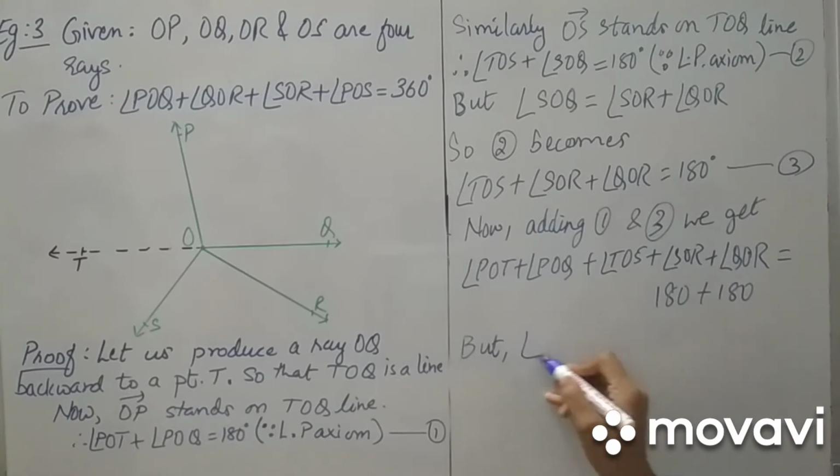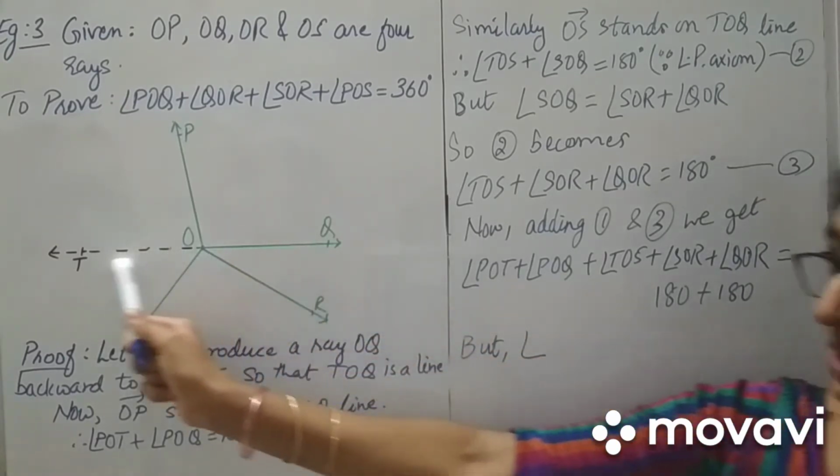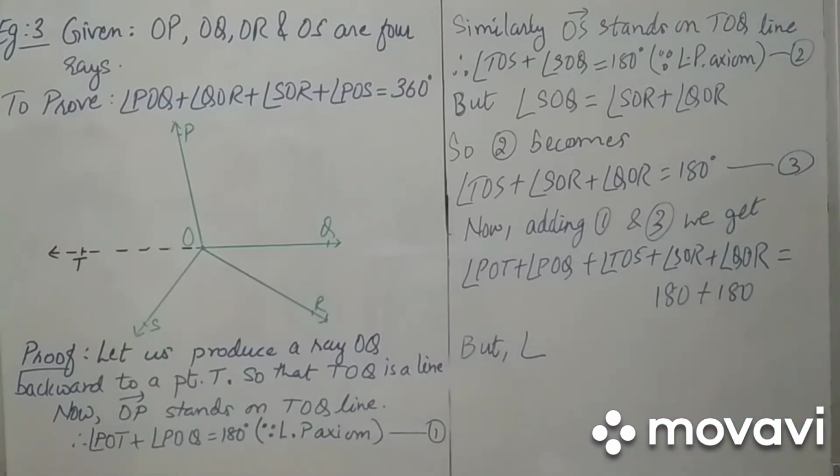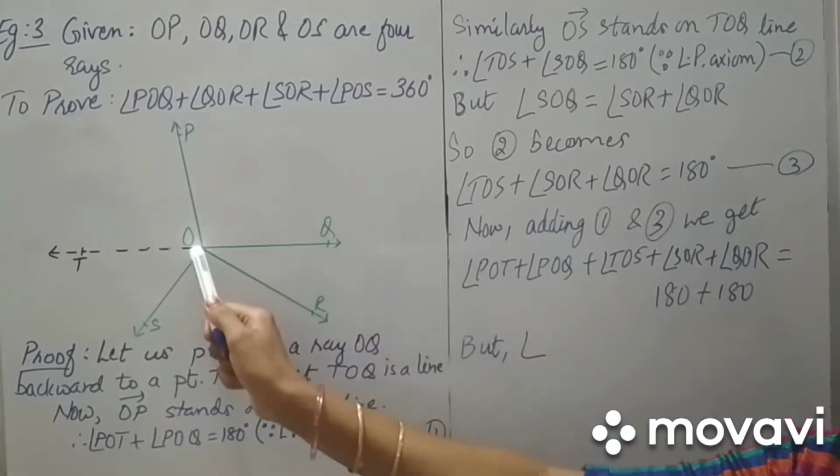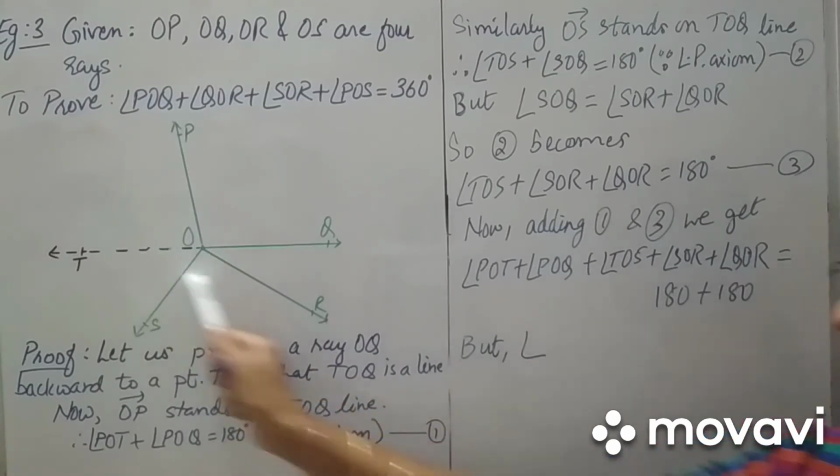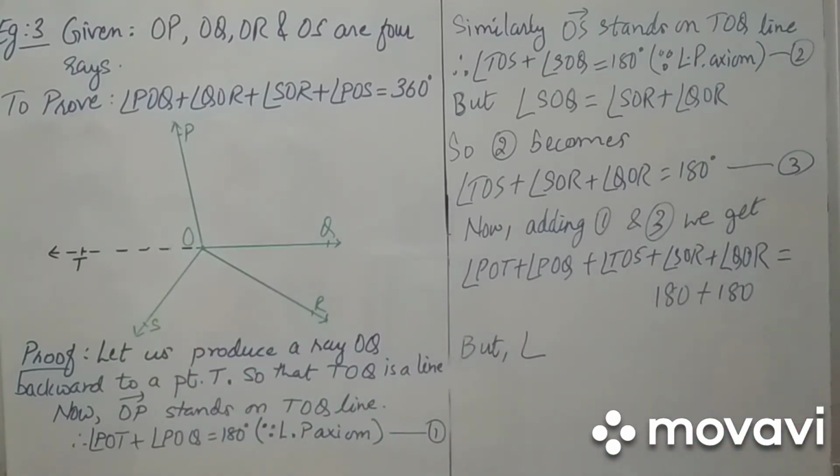But you can see, if the ray OT is not there, then we can have POS as one angle only. I can write POT plus TOS is equal to angle POS.